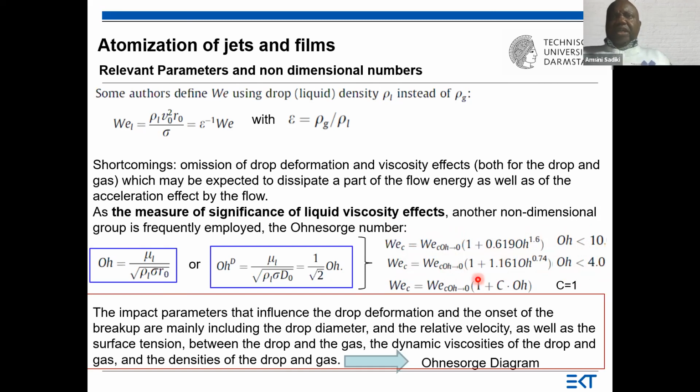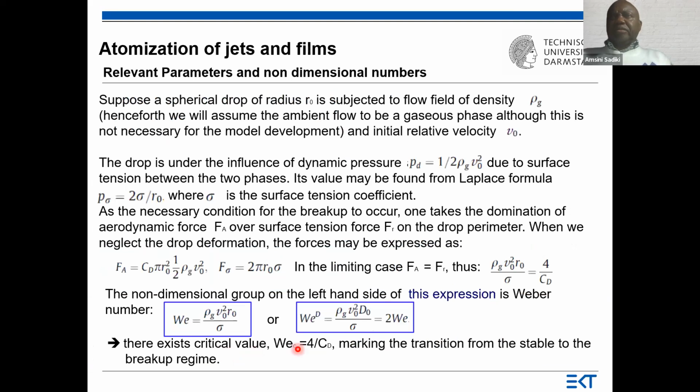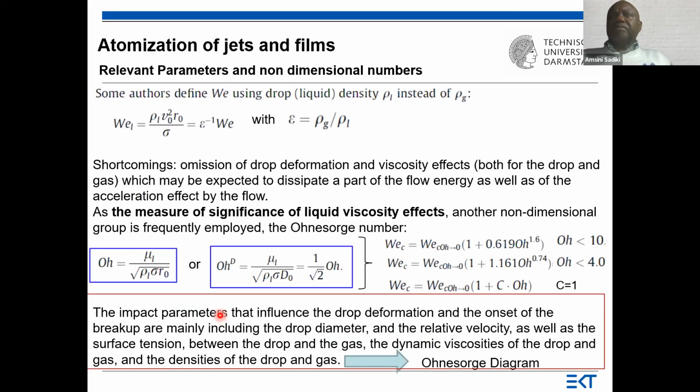Good. The factors affecting the droplet deformation and the onset of the breakup include the droplet diameter, relative velocity, as well as the surface tension between these two. So we have the droplet diameter here. We have the relative velocity there.